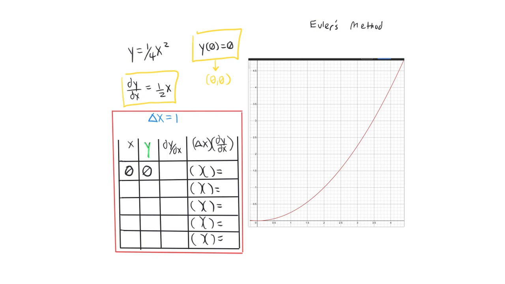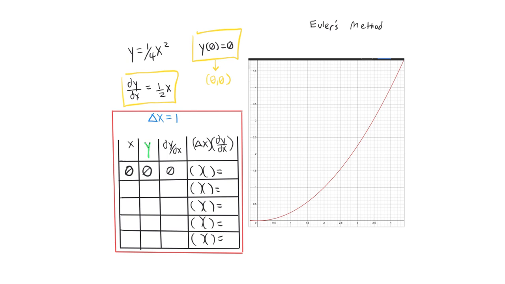All right, then what I would suggest is have a whole column for just dy over dx. So what does dy over dx equal, given the fact that the initial point that we're analyzing is (0, 0)? Well, dy over dx is apparently 1/2 x. So obviously it's going to be 1/2 times 0, so that's going to be 0.